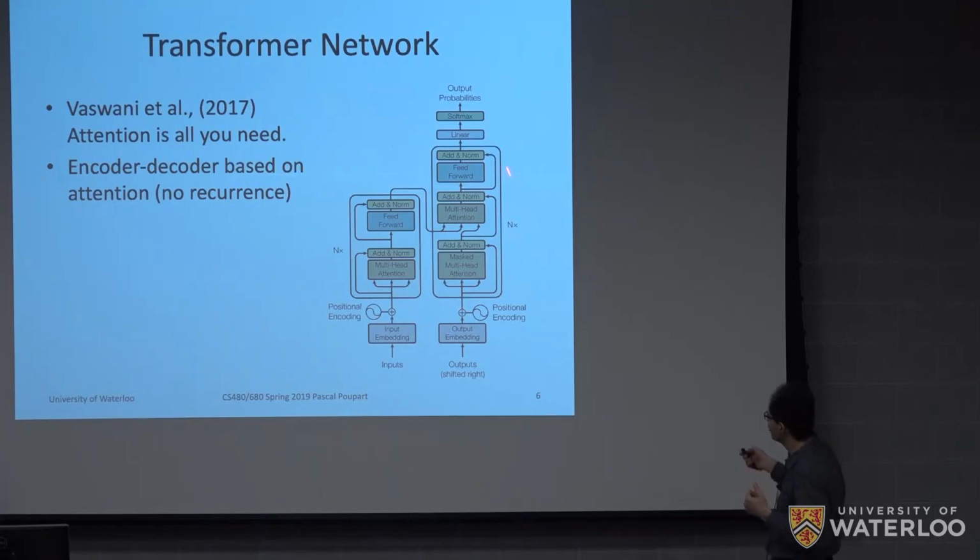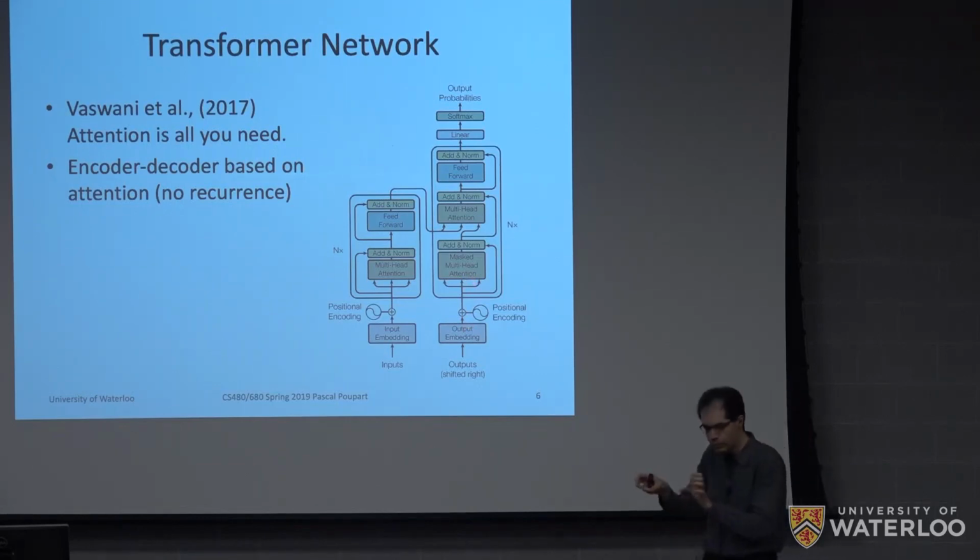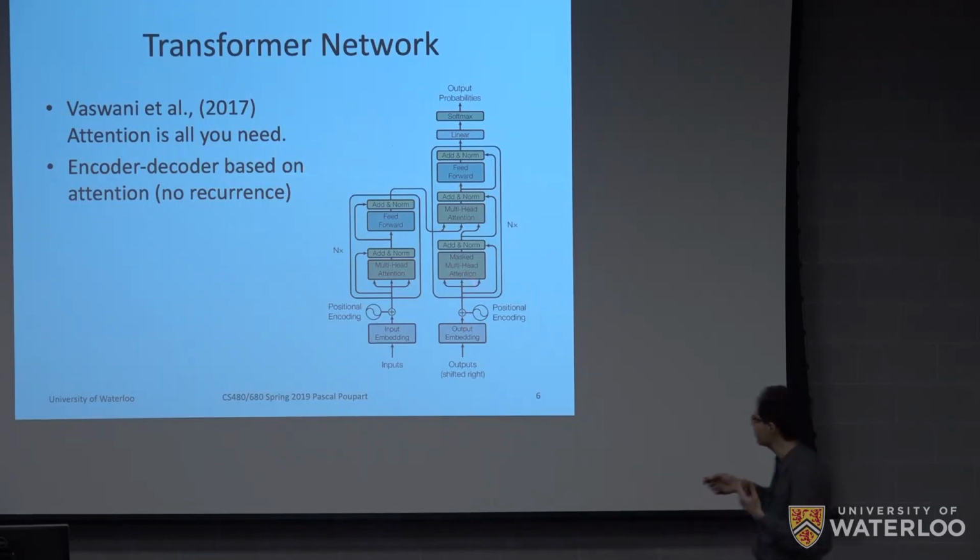Okay, now inside the block, so this block will also repeat n times. What we do is we have first a multi-head attention that looks at simply combining output words with previous output words. And then there's another block of multi-head attention that now combines output words with input words. And then finally, a feed-forward network again.